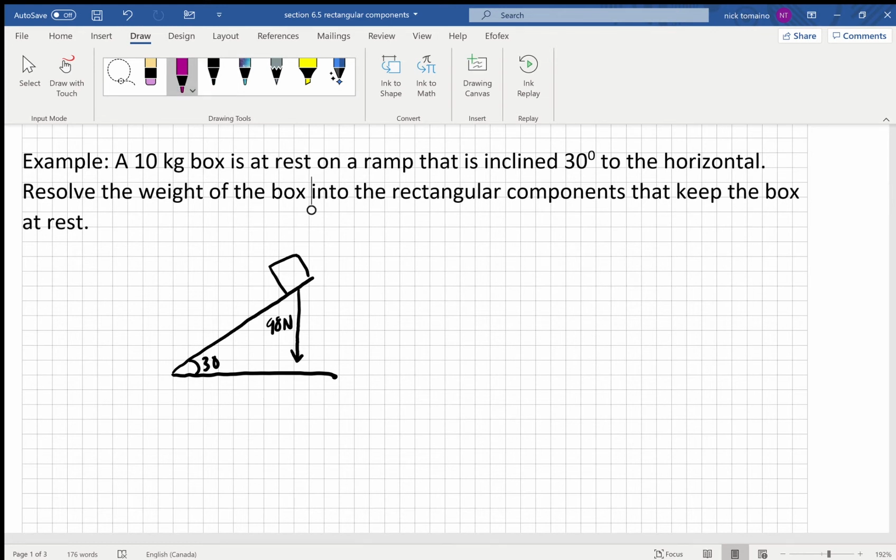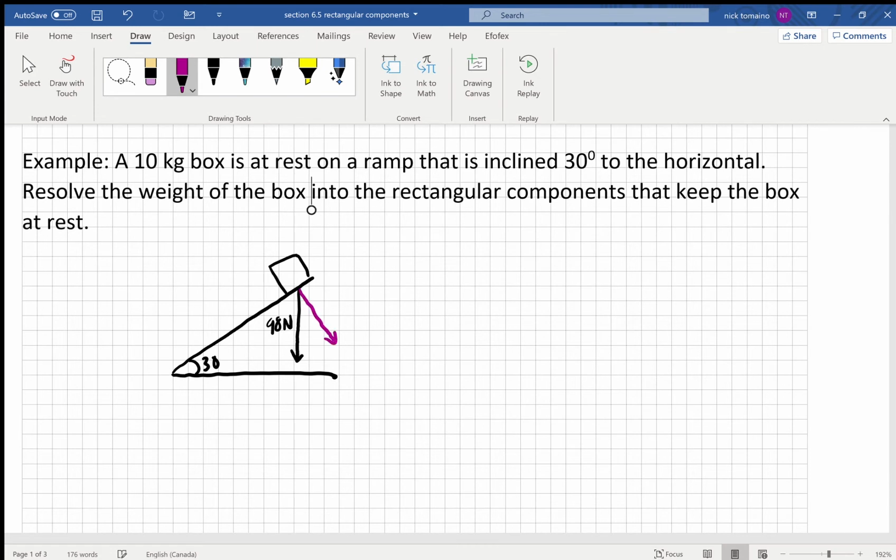Now we're going to resolve this because it's at rest. Gravity is pulling this down, so there's two forces that are resisting this, right? Think about if you're standing on flat ground, gravity is pulling you down, but the earth is pushing up with the exact same force. That's called the normal force, which is perpendicular to the ramp. So we have our normal force, which is here.